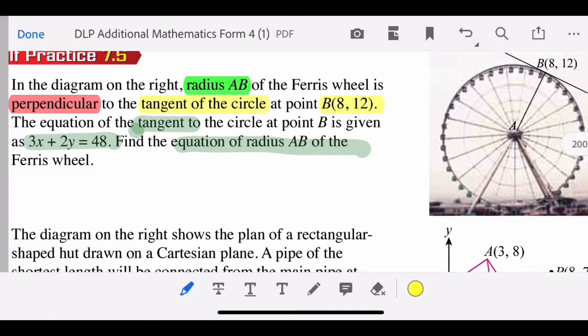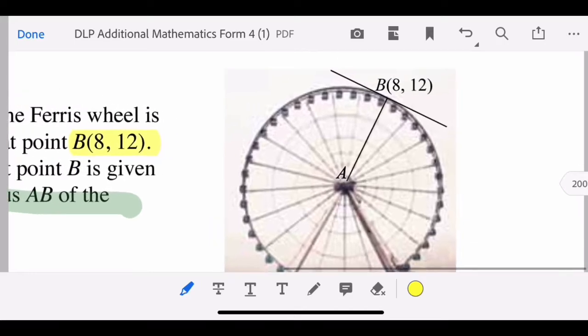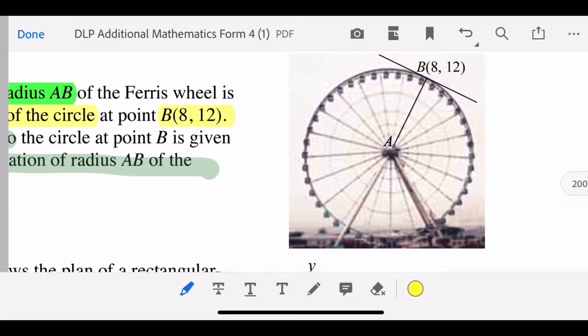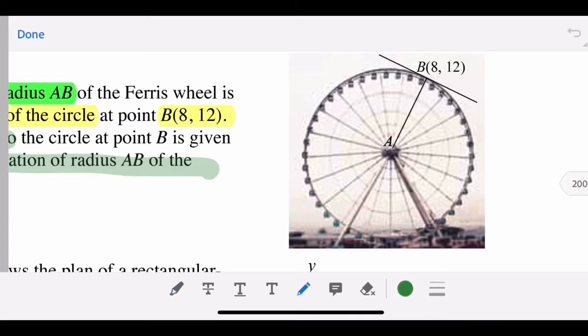So, based on the property of the circle, radius and tangent are always perpendicular. Okay, this is a very basic skill that you must know.